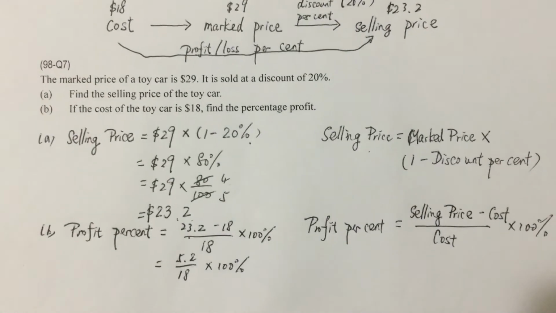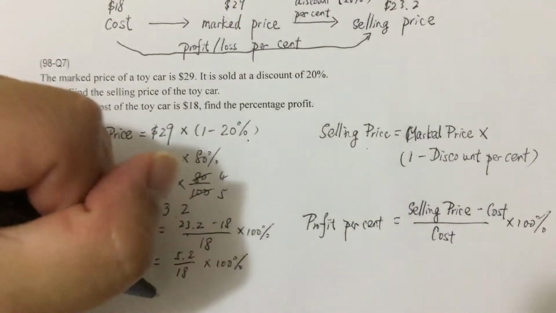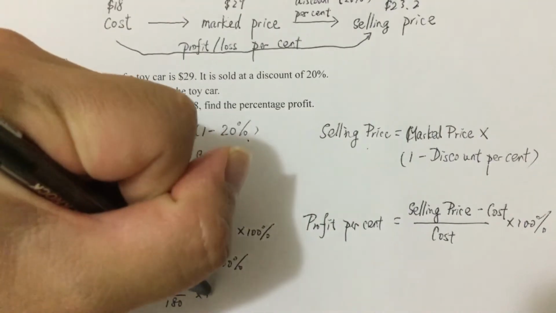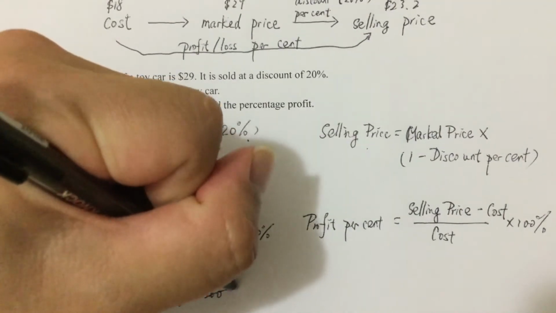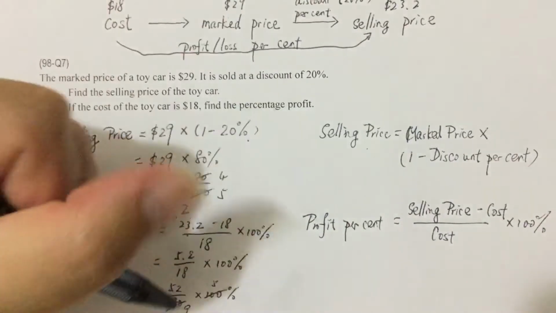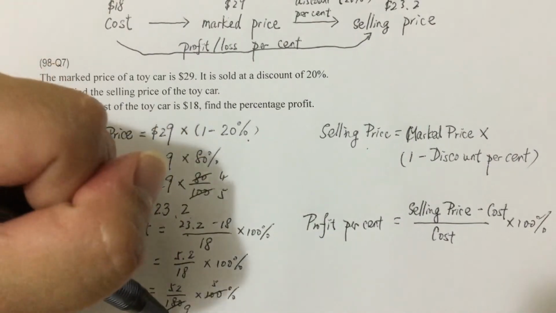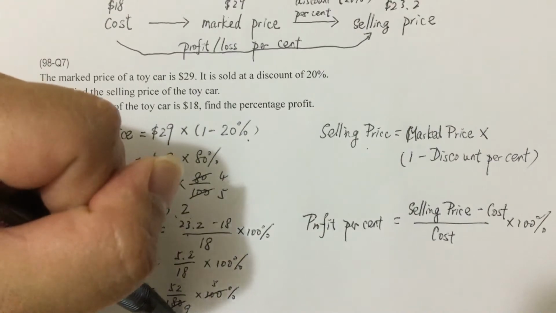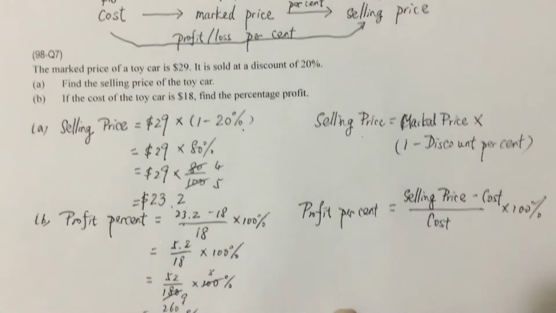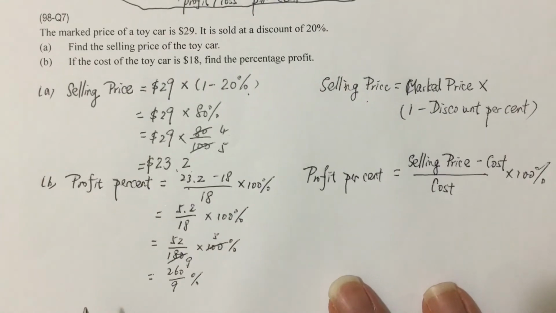This one is a little bit ugly, so we can do something like this: we have 52 over 180 times 100, and then we cancel, this one is 5, this one is 9, and then we have 260 over 9%. I will accept this as the answer.